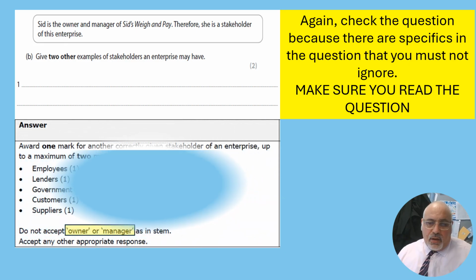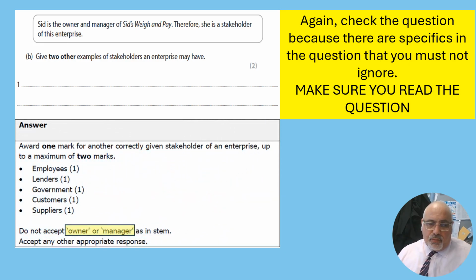Therefore, your answer cannot be the owner or the manager because it is in the stem of the question. So any other 2 stakeholders would get the marks, but not owner or manager. So please read the stem and the question very carefully to make sure you know exactly what's being asked.